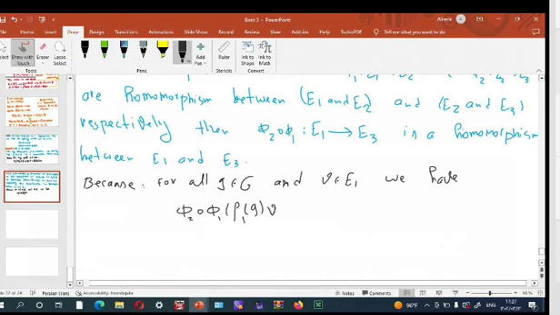This is equal to phi 2 of phi 1 of rho 1 of g of v.